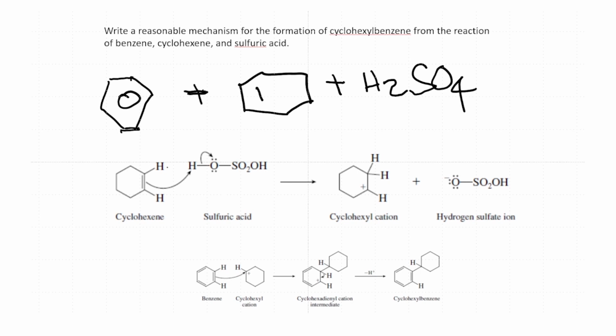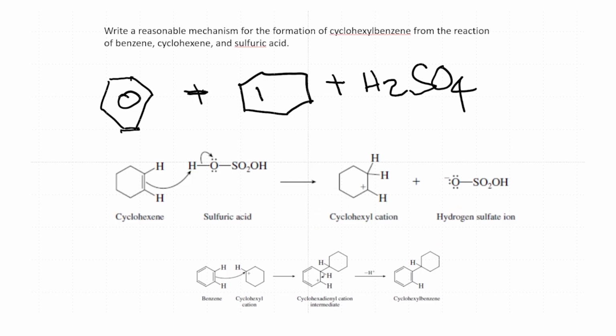When we have to look at these kinds of reactions, let's just go back to the basics. What we could expect is that cyclohexene, being the more reactive between benzene and cyclohexene towards electrophiles, picks up a proton from sulfuric acid and produces a cyclohexyl cation.